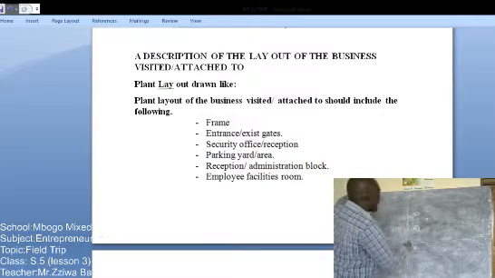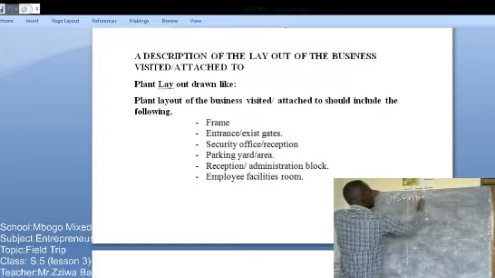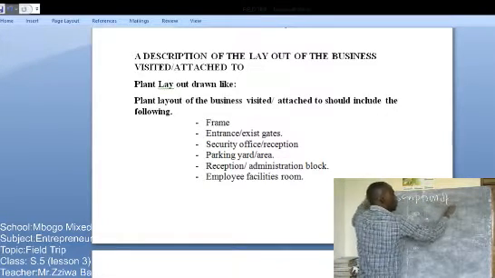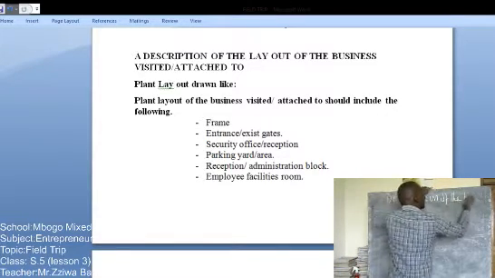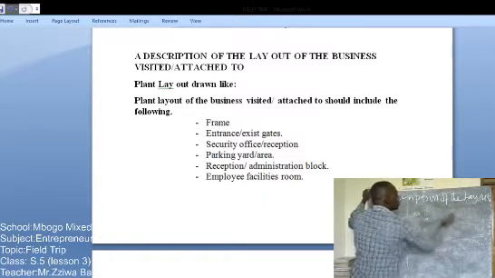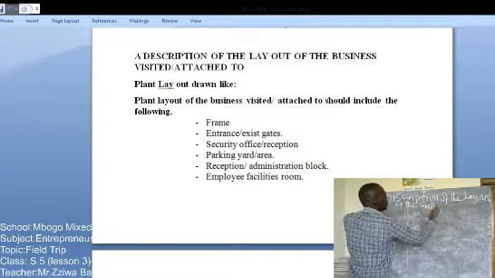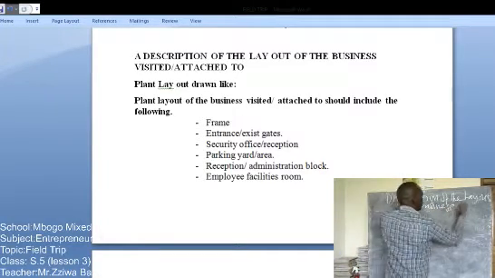Description of the layout of the business visited.